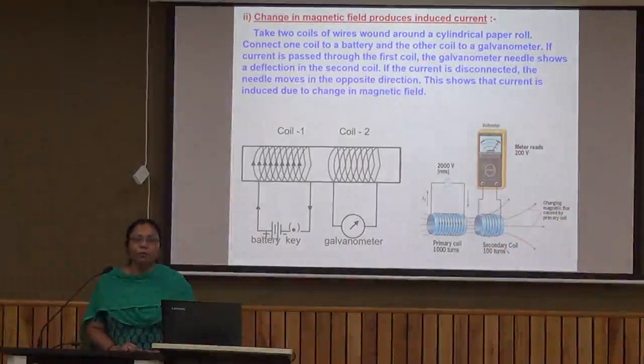Now as soon as we switch off the key in coil 1, the current falls to 0, and at that point of time in coil 2, the induced current is in the opposite direction, which can again be detected by the galvanometer.